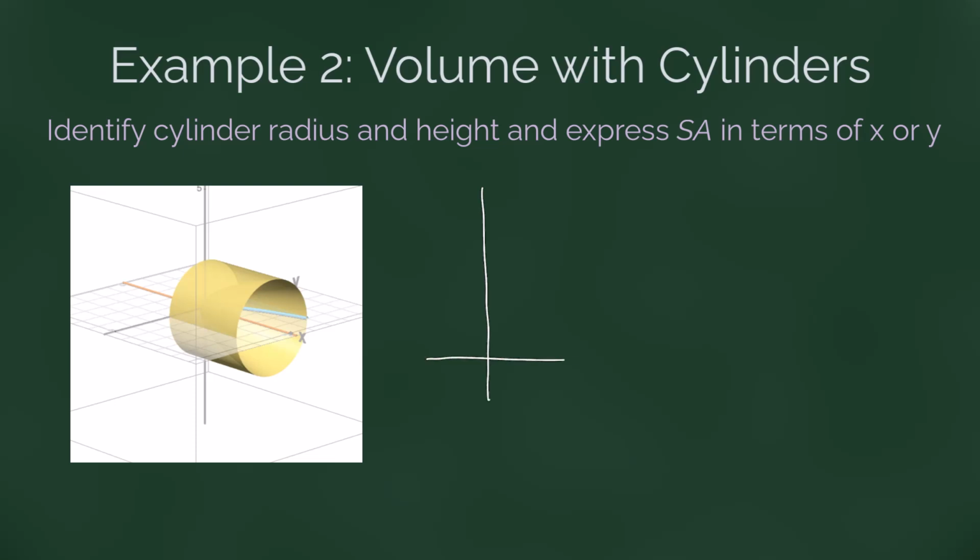Now we need to figure out what the radius and height of that cylinder are. So we'll do the two-dimensional drawing again. We're going to graph our two functions, y equals square root of x, and the line y equals 2. We'll sketch in our cylinder again parallel to our axis of rotation, which in this case is the x-axis.